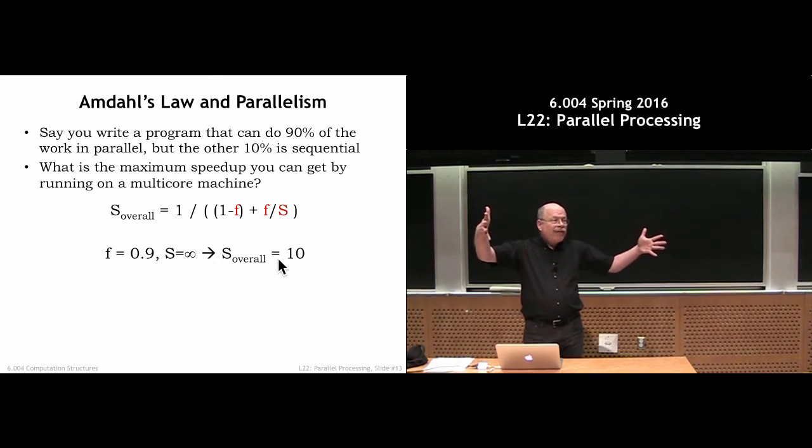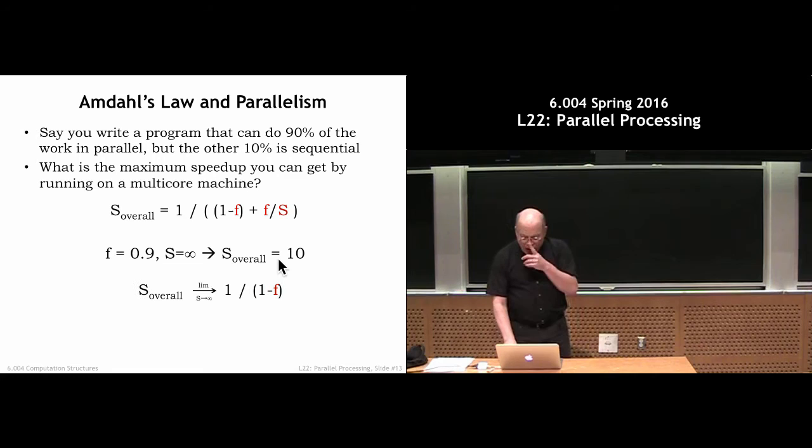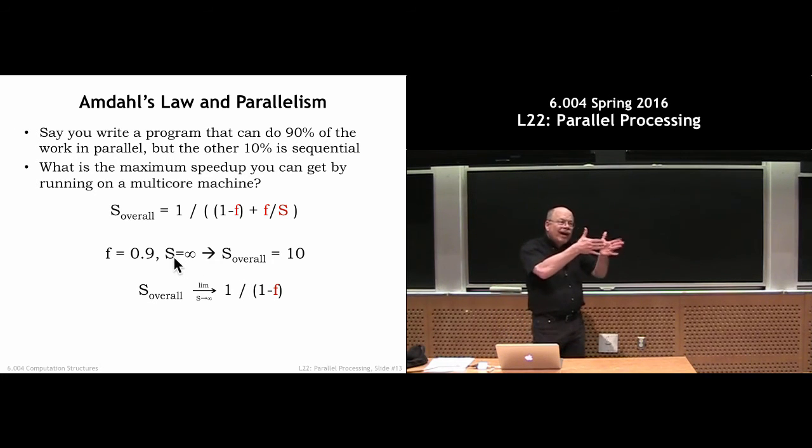The vast majority of everything I'm doing is now much faster, but the overall speed up is limited to 10 because there's still that 10% that wasn't sped up and it is as slow as it ever was. So the overall speed up goes like that as the amount of speed up you can get on the fraction you're speeding up gets faster and faster. It's limited by that amount.